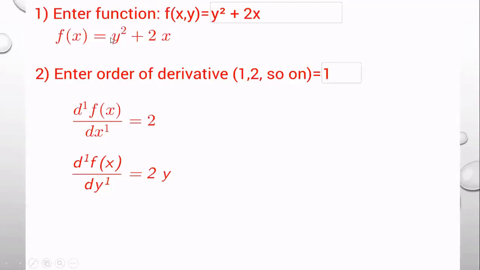For 2x alone, the derivative is 2. Now differentiate with respect to y: y is the variable and 2x is constant, so that part is 0. For the y squared term, you get 2y.